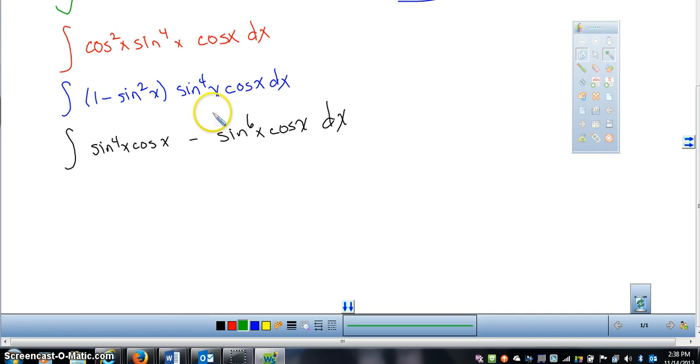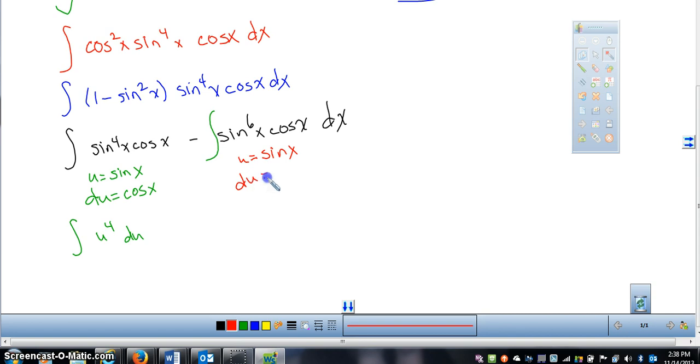You know what I'm going to do? I'm just going to make these two different integrals because I can do that. So on this one, I'd let u equal sine of x. So du is cosine of x. So I'm integrating u to the fourth du. And on this one, I'd let u equal sine of x, and du is cosine of x, or you could have left that all together as 1.